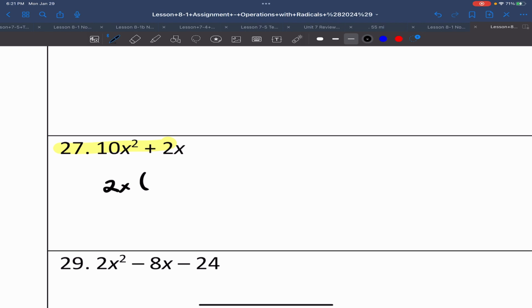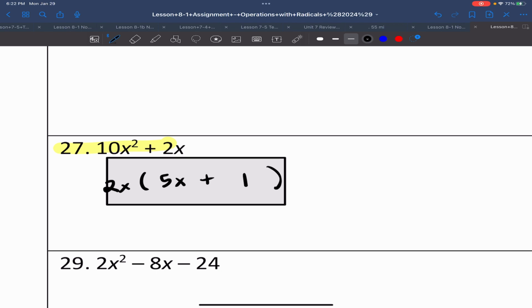And it's going to go outside of the parentheses here. 2x times what number is 10x squared? I'm thinking 5x. And then 2x times what is 2x? Well, 2x times 1 is 2x. So, this is your answer.